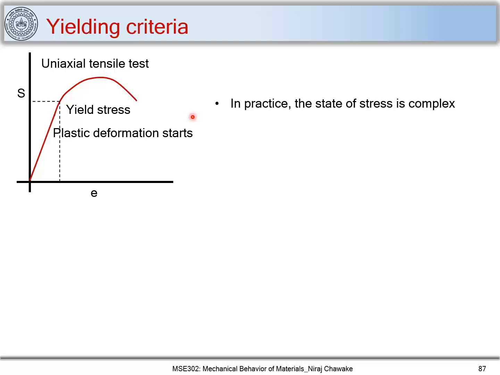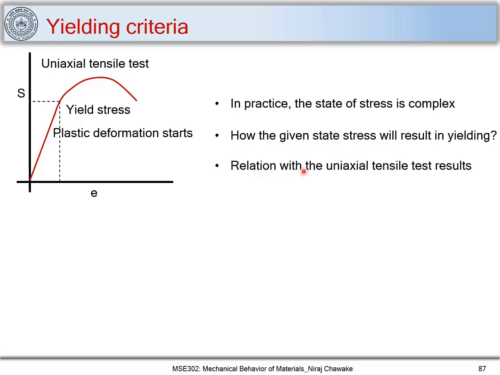But it is very important to find out this point, even if the state of stress is complex. So it is important how the given stress state will cause yielding, because we don't want material to undergo any shape change during its service.